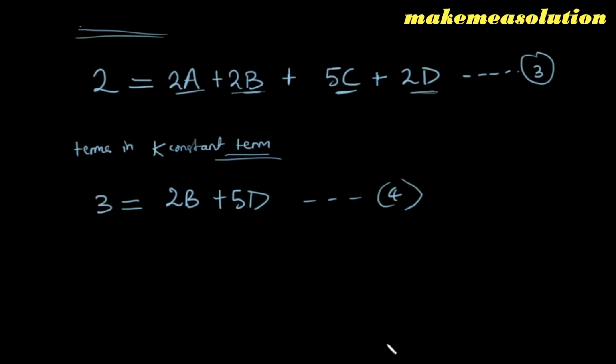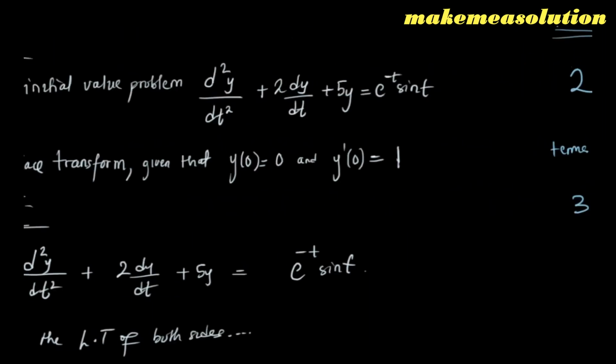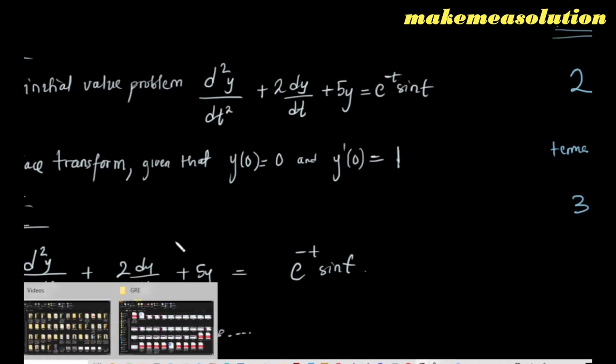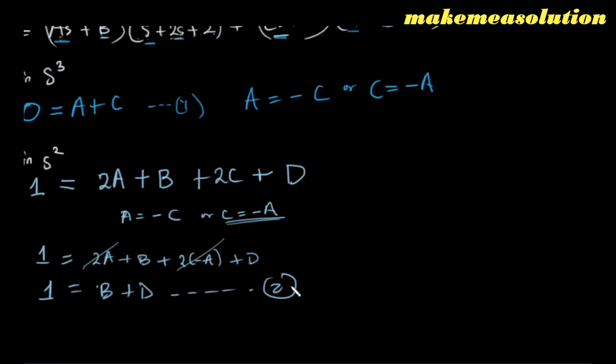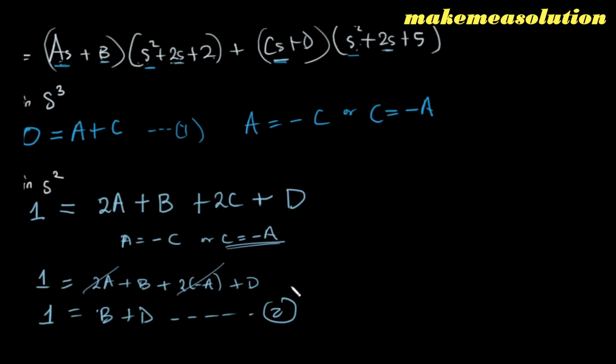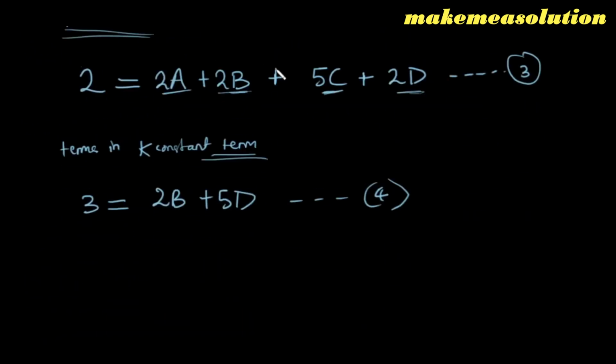Now, if you remember, in one of our equations, I got a relationship between b and d, right? Now 1 is equal to b plus d. So let's apply it and solve the simultaneous equation.